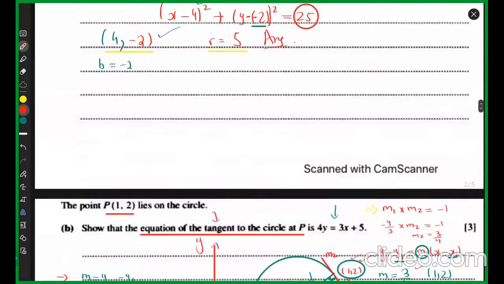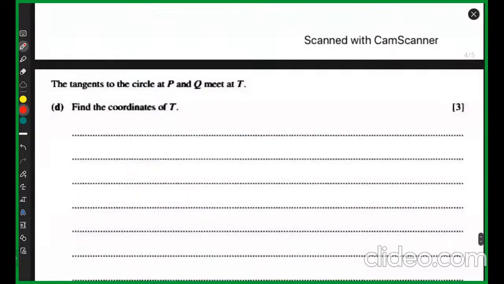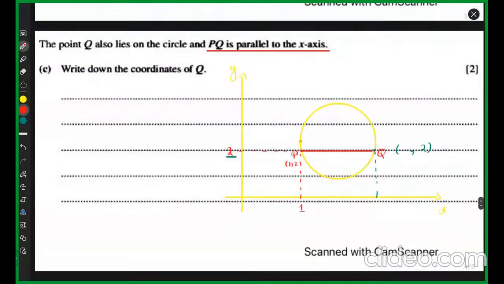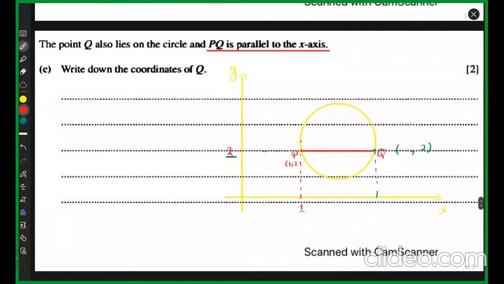One second. Here it is. The equation of the circle was x squared plus y squared minus 8x plus 4y minus 5 equals 0.